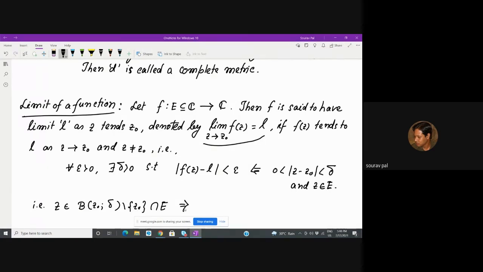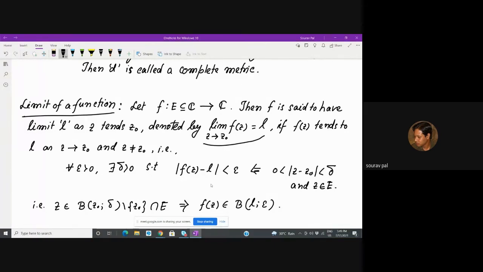Whenever z belongs to this deleted neighborhood of z naught, f(z) will belong to the epsilon neighborhood of L. Epsilon is given, and this delta is obtained.